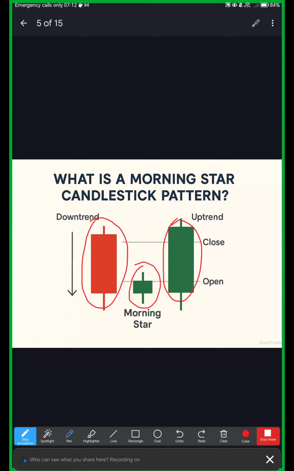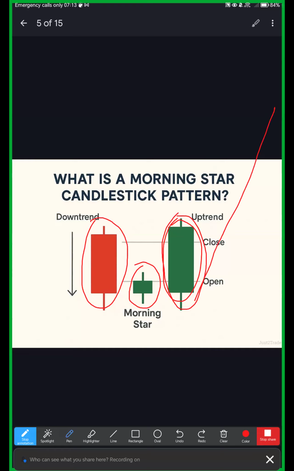This candlestick signifies that the trend is about to reverse. So this is the interpretation of the morning star candlestick chart pattern, a market reversal signal to the upper side.